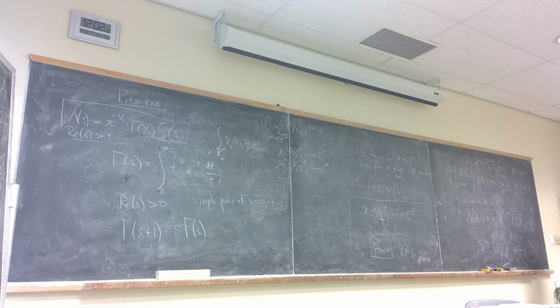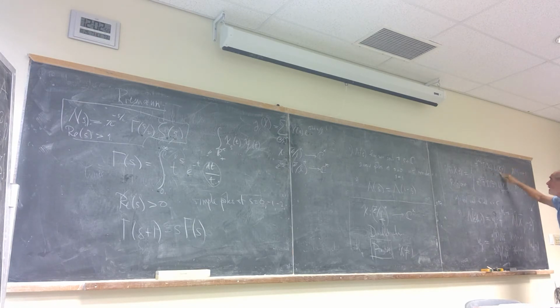What about at s equals 0? Well, in this case, this has a pole at s equals 0. Gamma of 0 is a pole. And consequently, for this to have the same behavior at s equals 0 as it does at s equals 1, this is regular and non-zero at s equals 1. This is regular and non-zero at s equals 1. So this whole thing is non-zero at s equals 1, so it better be non-zero at s equals 0.